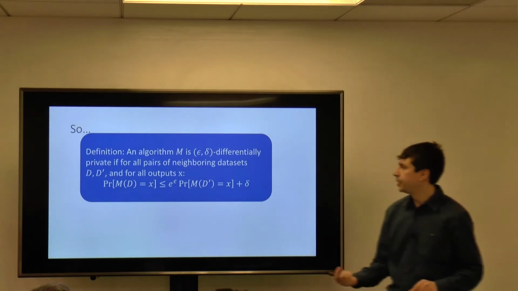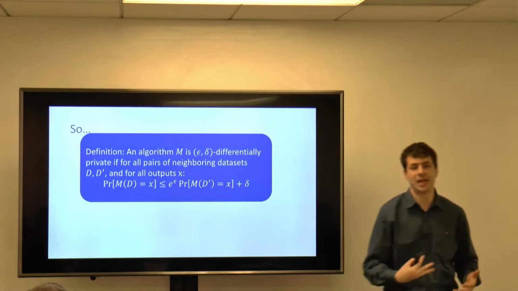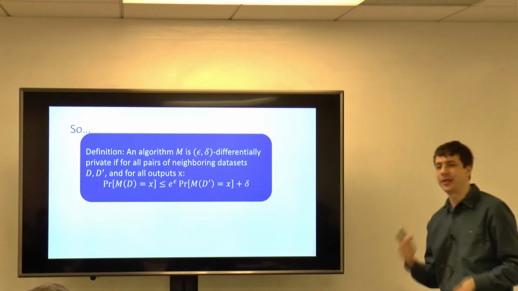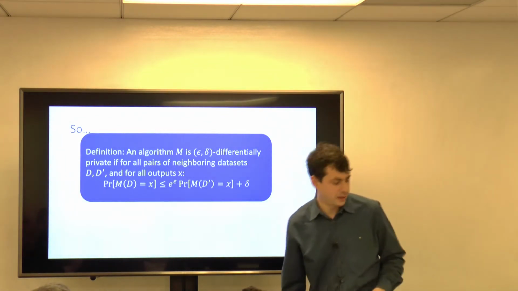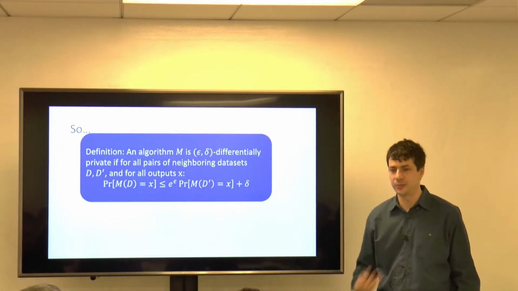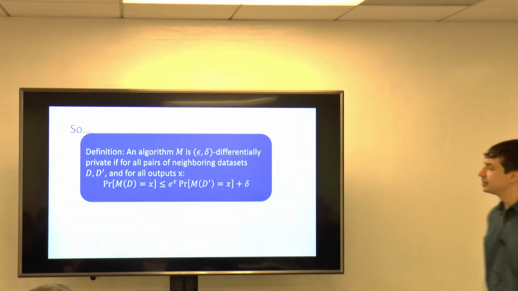And it's really talking about outputs like X in the range of this mechanism M. And if M is doing some complicated statistical analysis, or even a simple one, like just releasing coefficients of a linear regression, it's not obvious why you would care about particular outputs. You might not have strong preferences over the regression coefficients on different features.